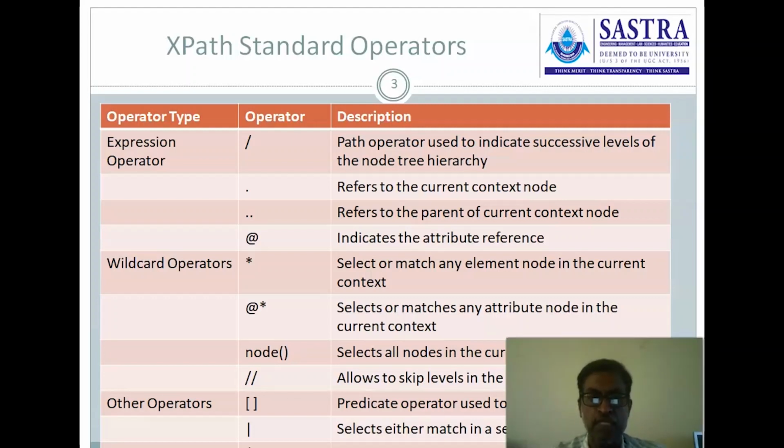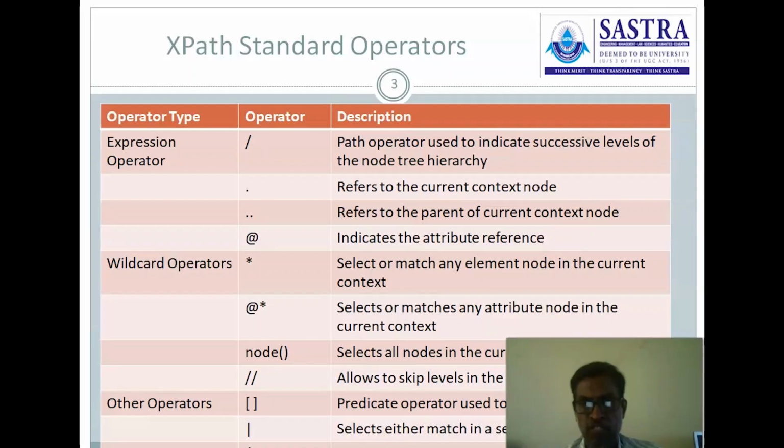As I said previously, one level is separated from other levels because in the node tree all nodes are arranged in a hierarchical model: the root node, then the next level node, and so on, based on the XML document structure.